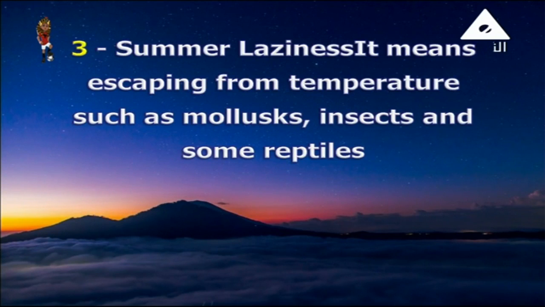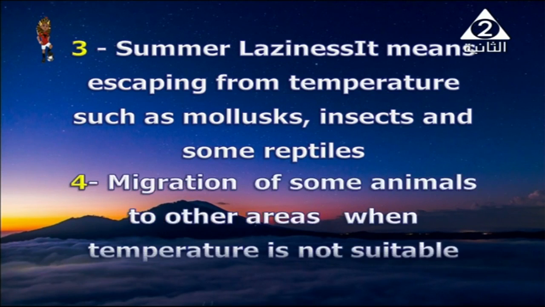Also, we have a phenomenon of summer laziness. It means escaping from temperatures such as mollusks, insects, and some reptiles. We have also a phenomenon of migration. Some animals will migrate to other areas where the temperature is suitable.